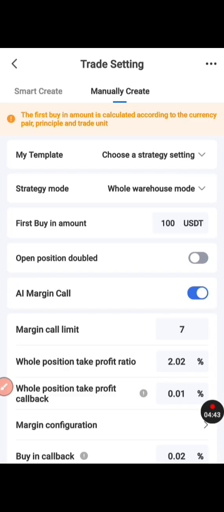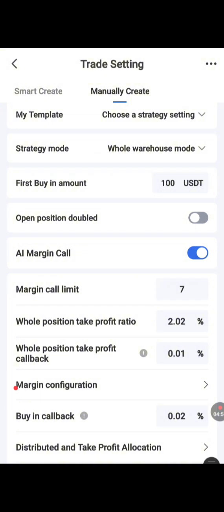Let's take, for instance, that this is how we have set our trading parameter for the coin that we intend to give instruction to the robot to buy. And we have this as our first buy-in amount, or the amount of dollars that we would wish the robot to be picking from our spot wallet and then exposing in the market when the robot is actually making a buy order.